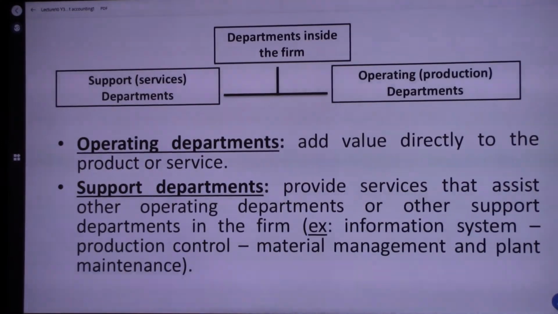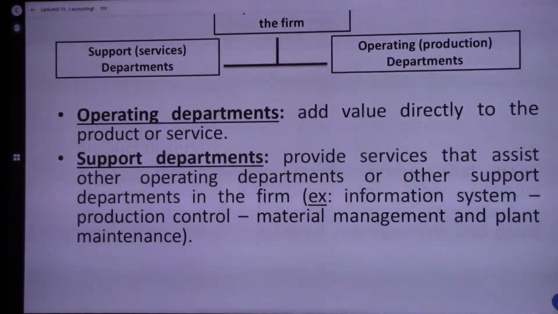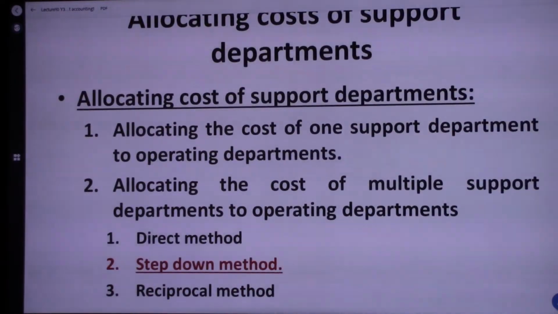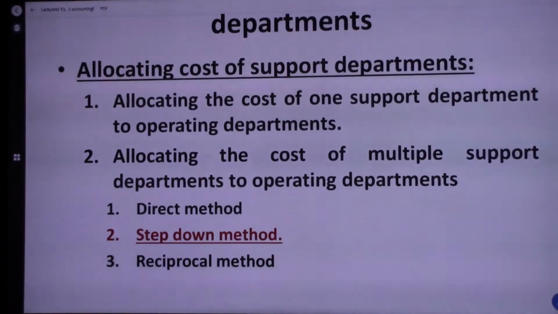How are costs allocated from supporting department to operating department? We have different methods of allocation, different methods that the firm can use in allocating costs from supporting department to production department, but you are only required with step-down method.